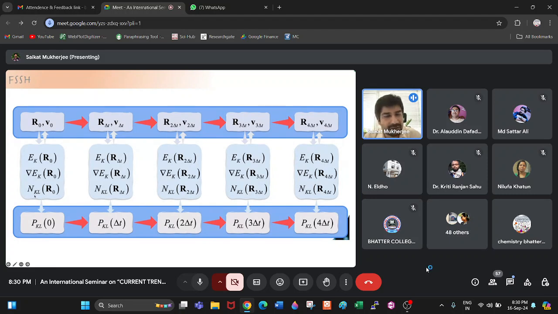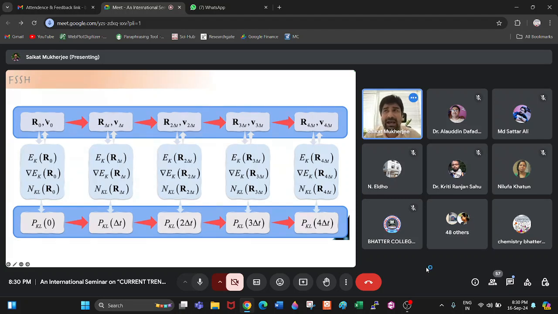You can all do it very easily. I know everybody knows this. And then with these quantities, you calculate the probability of hopping between states. If your trajectory hops to another electronic state, then okay. If it does not hop, okay, stay in the current state. And then go on. Next time, delta t. Again, next time, 2 delta t, 3 delta t, and so on.